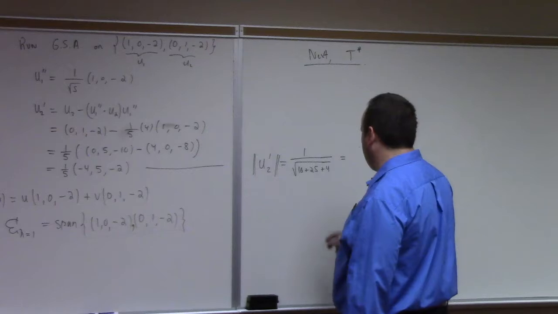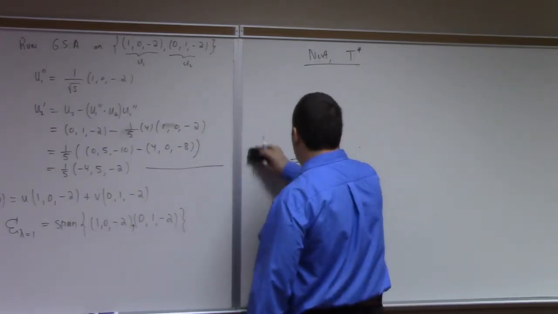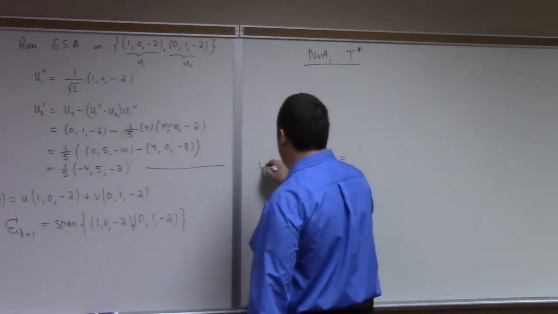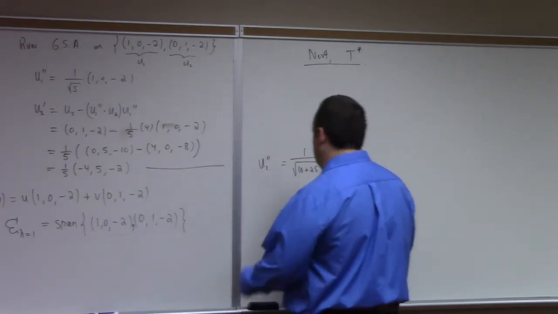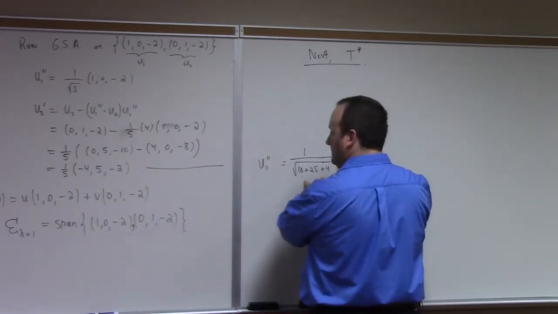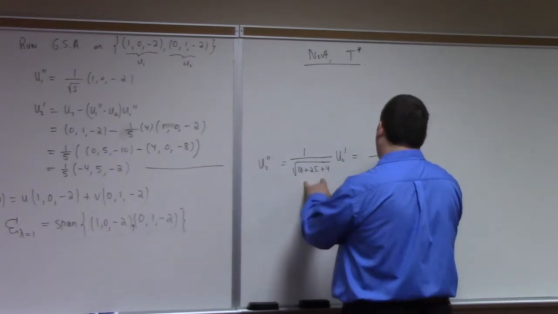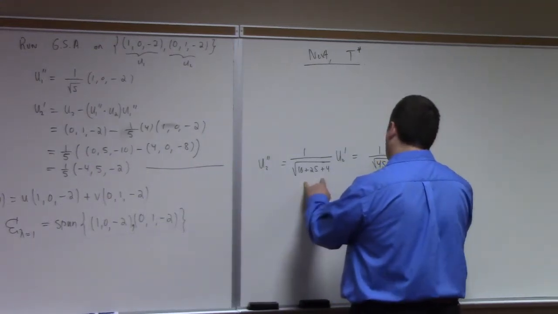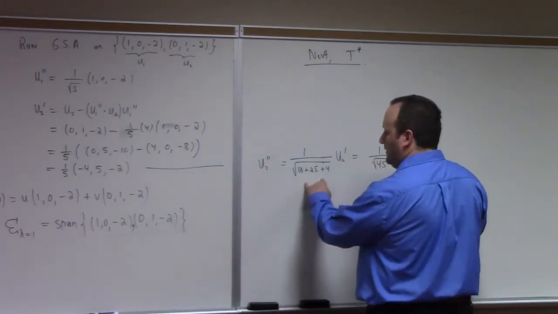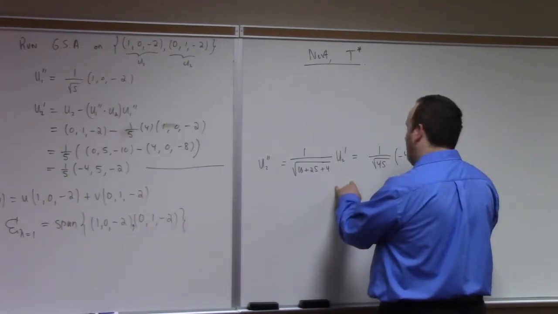Oh, I'm an idiot. If I could just hold the thought in my brain for 2 seconds. So the normalized U2 is 1 over that times U2 prime, which is 1 over the square root of 45 times (minus 4, 5, minus 2).